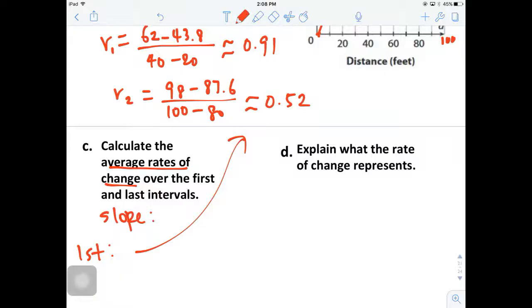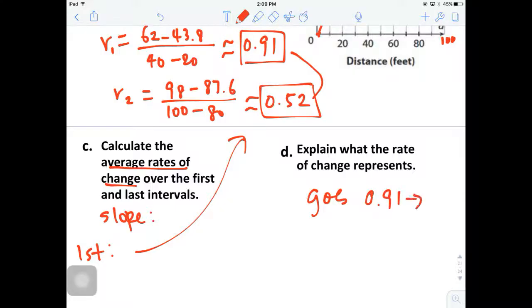For part D, if you notice that from the first to the last interval, the speed is actually going down, right? So the rate of change is speed, which means the rate of change goes from 0.91 to 0.52, which means the car is getting what?